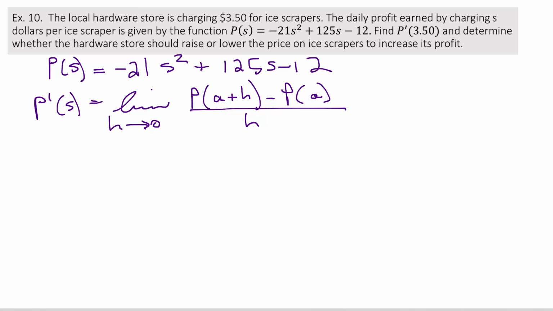So this is our limit definition of the derivative. So our A value is 3.5. We can drop that 0. All right, so this is the limit as h approaches 0. So we can say over here this is going to be P prime, the slope of the tangent line when the scrapers cost $3.50 each. So I'm going to plug in A plus h into my function.